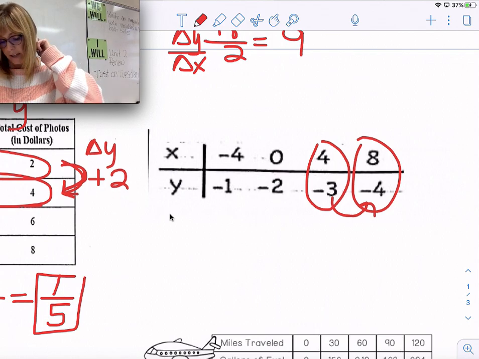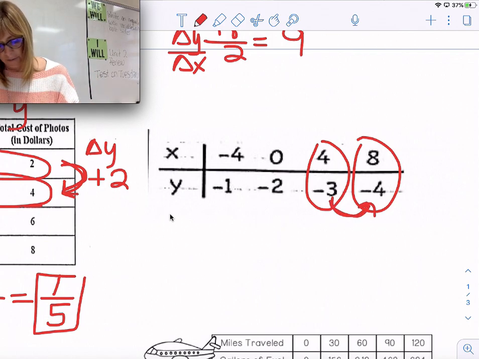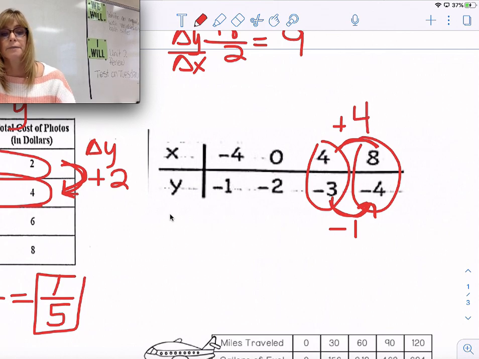So I'm going to do my arrows. So my change in y is going from -3 to -4. That's actually subtracting 1. We're getting smaller. And then the change in the x, 4 to 8, is plus 4. 4 plus 4 is 8.